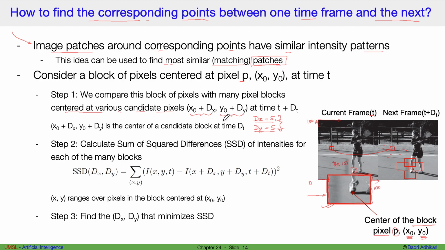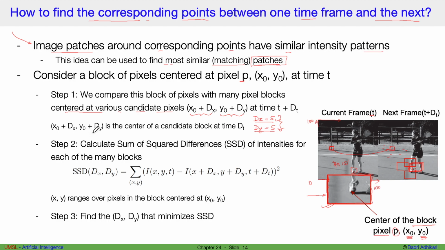Then I add 5 to both. That means in the second frame, I'm going to go to 75, slightly over here, and 20, slightly above. Then I consider this block of pixels around that point.